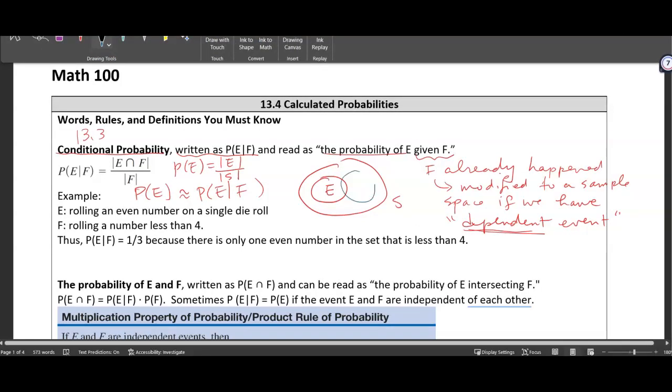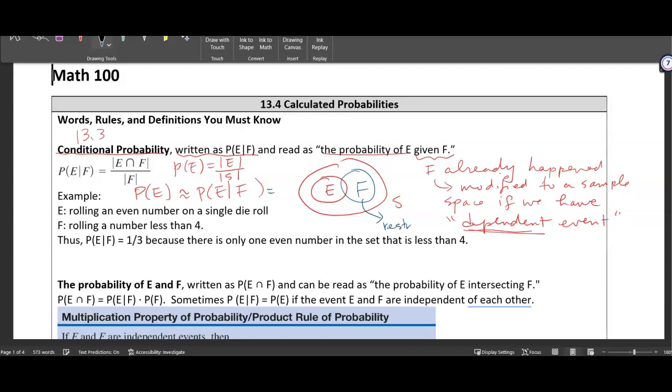If it does affect it, then F happening or not affects E, and our new sample space will be restricted to F. Given F already happened, F will be our new restricted sample space.